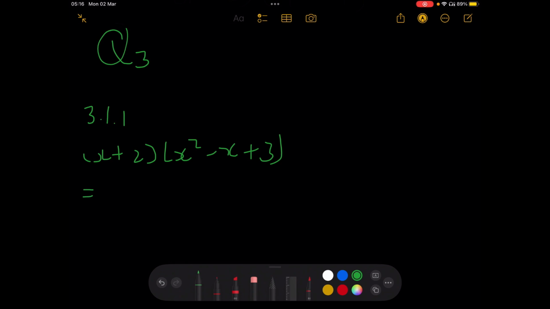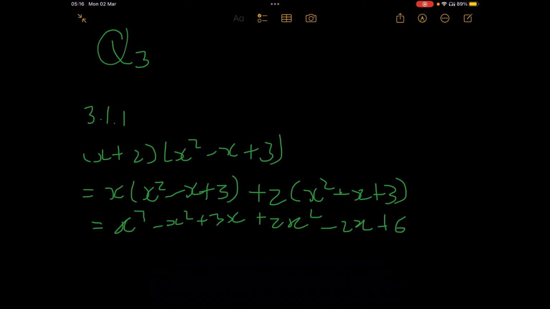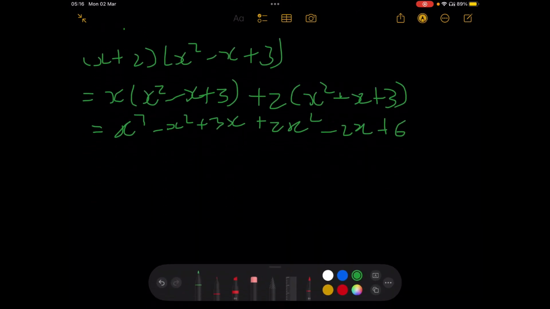First, take the first term of the binomial, x, and multiply it with x squared minus x plus 3. And then the second term, multiply with x squared minus x plus 3. Then here we get x cubed minus x squared plus 3x plus 2x squared minus 2x plus 6.